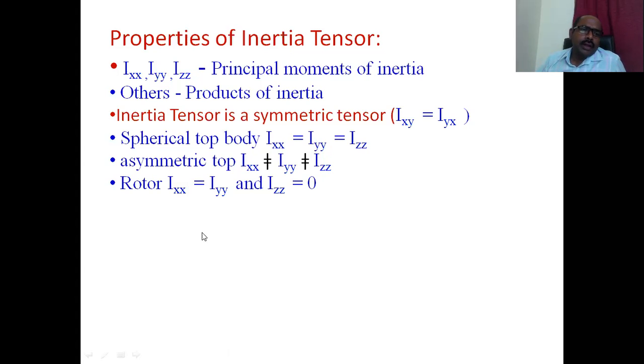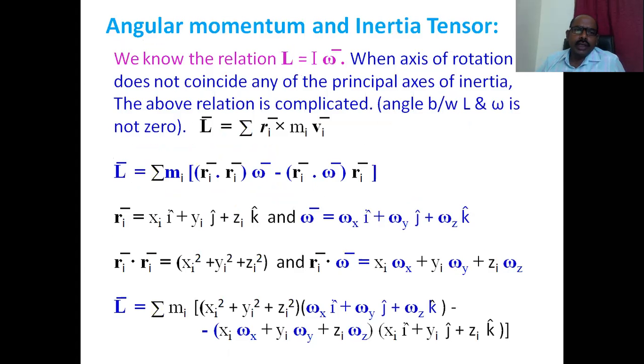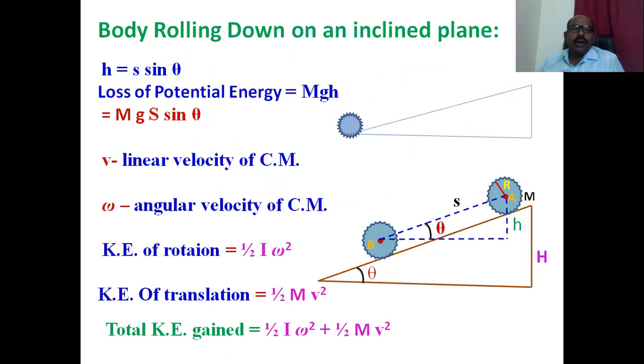So that is about the properties of inertia tensor. In this lecture we have seen the velocity of a rolling body on an inclined plane. Whenever it is rolling from a high position to a low position, it loses potential energy, and that potential energy is converted into kinetic energy in both motions, the rotational kinetic energy and the translational kinetic energy simultaneously.